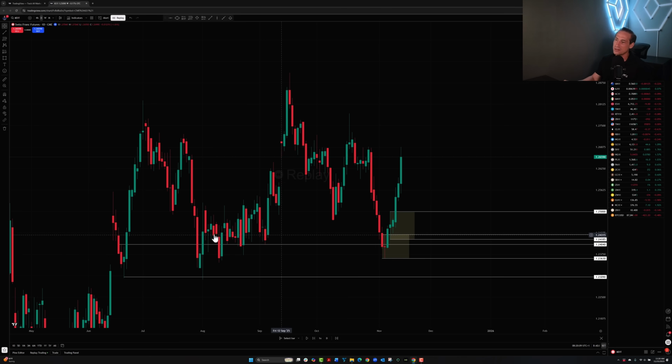Now this area, for me, is more like a support area, because price has been in this area so many times. So I would expect all the unfilled orders being consumed and the area being exhausted.